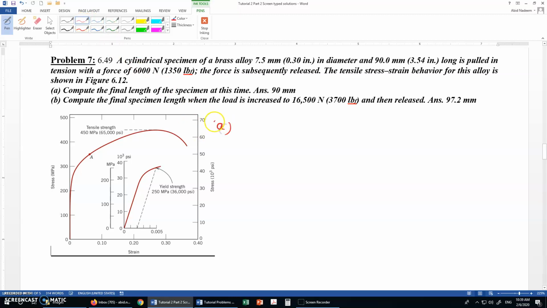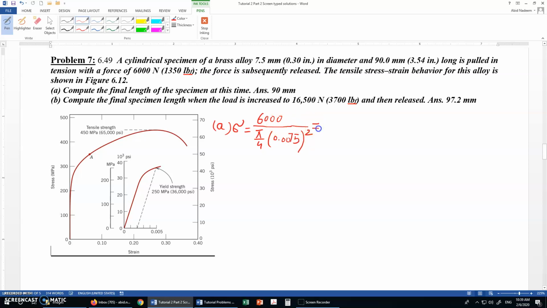Part A: stress is equal to force, which is 6000 Newton, divided by the area. Because it is a cylindrical specimen with a diameter of 7.5 millimeter, its area will be pi divided by 4 times 7.5 millimeter, which is 0.0075 meter, squared.